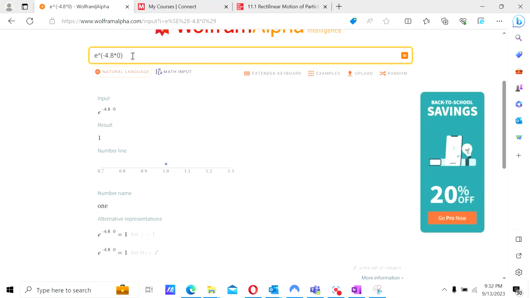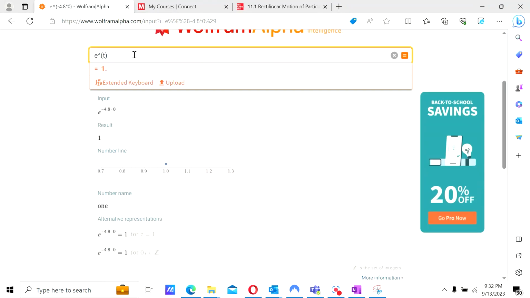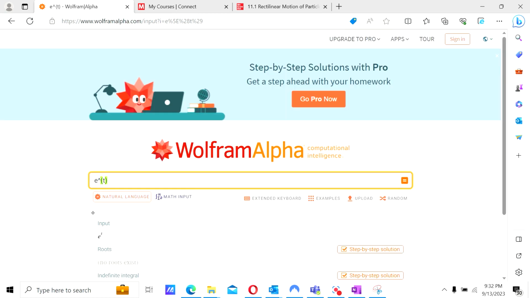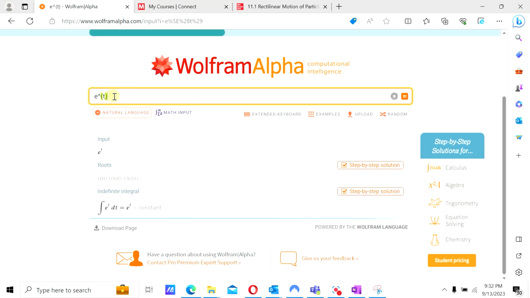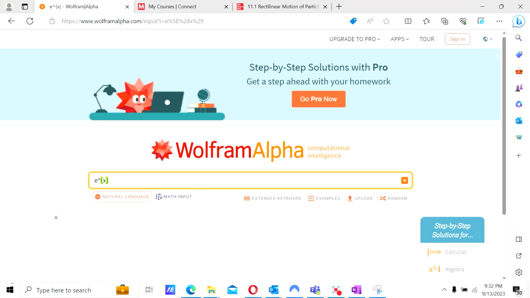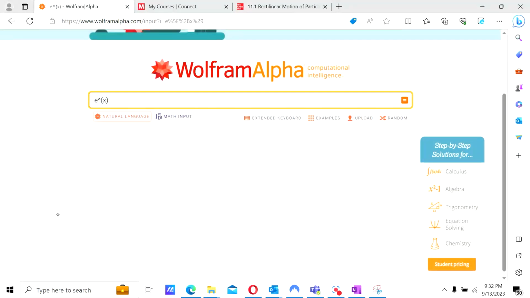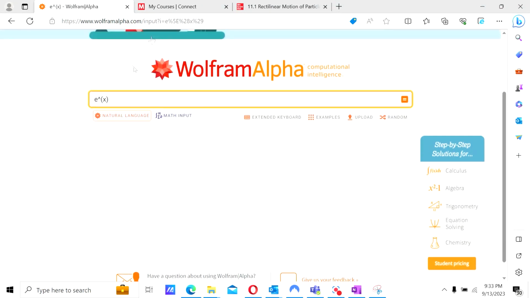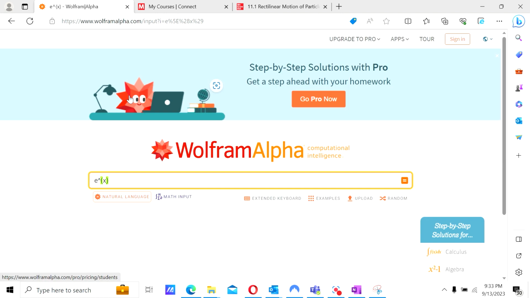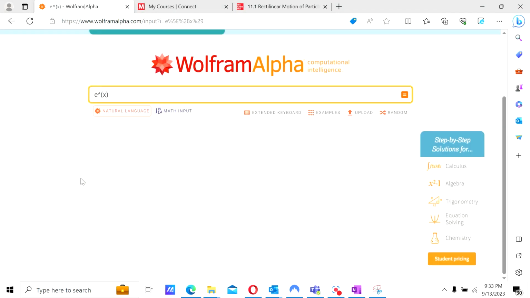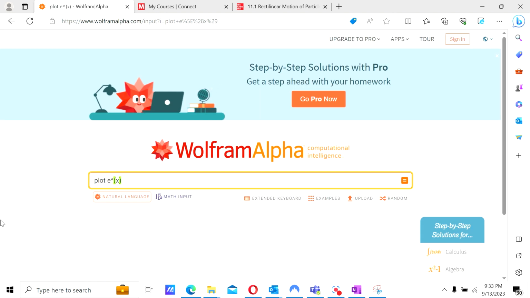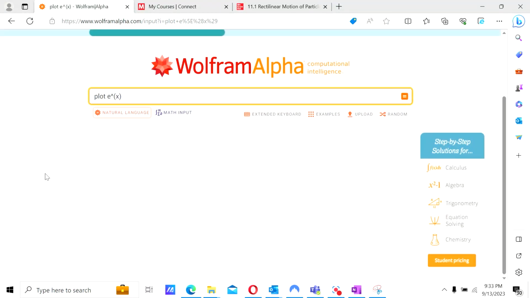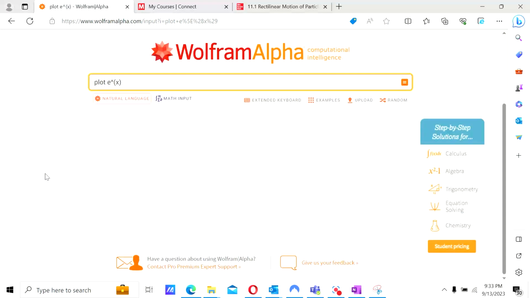If you plot e to the t, you see that it crosses right when t equals 0. Let's do when the variable is x, so it knows that I'm trying to plot. When you do x, what's going on? It's not plotting.